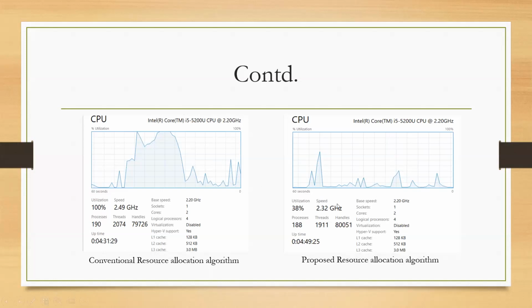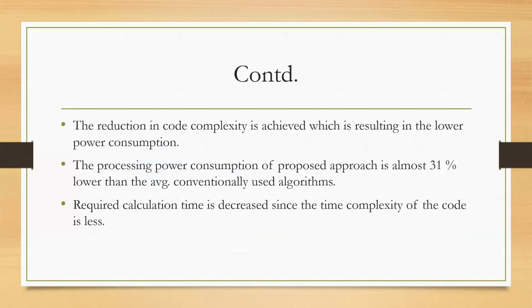Now, the proposed algorithm uses on average about 60% of this processing power, and to conclude, we have a 31% reduction in the power requirement between a conventional algorithm and our proposed algorithm. The code complexity is also reduced.